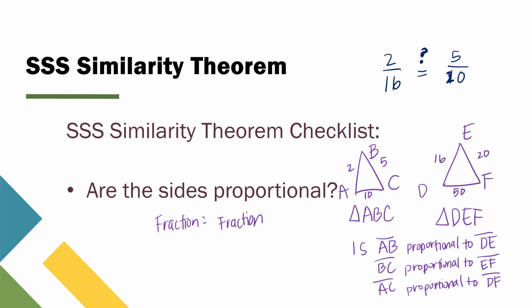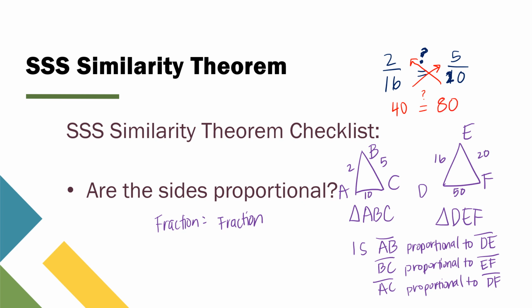All right, and then you would cross multiply to check that. So just to show you, you would cross multiply here. 20 times 2 is 40. Again, we don't know that these are equal. 16 times 5, what is that? Whoa, did I type that in right? Let me check. 16 times 5 is 80.